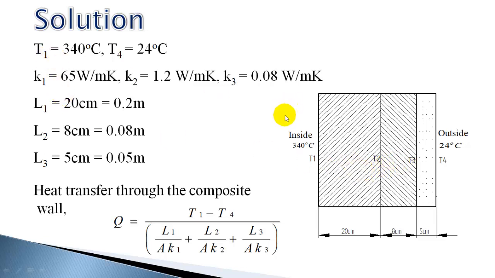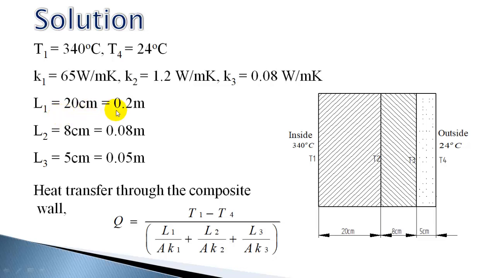Now temperature T1 is given. Temperature T1 is 340 degrees centigrade, and other end T4, we will take this T4 as 24 degrees centigrade. Thermal conductivities of all the three materials: first material 65, second material 1.2 and third material is 0.08 watts per meter Kelvin. So it's an insulator.